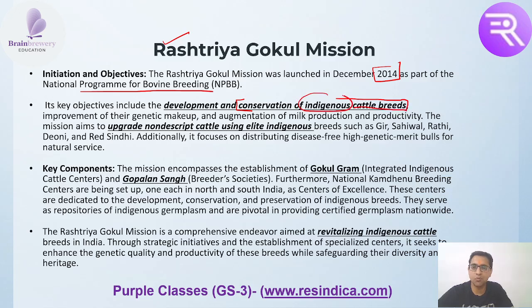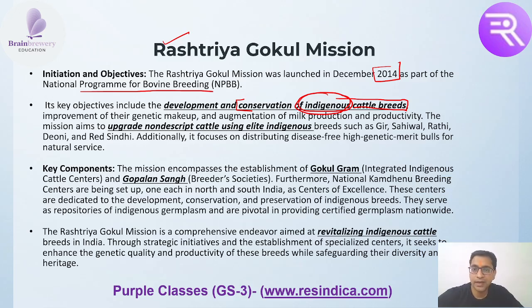Everywhere you can see this word indigenous, the local variety, so that we can have our own local variety of genetic makeup, so that we are able to properly take care of our own indigenous cattle breeds, and make sure we can generate good quality productivity from our own indigenous breeds.